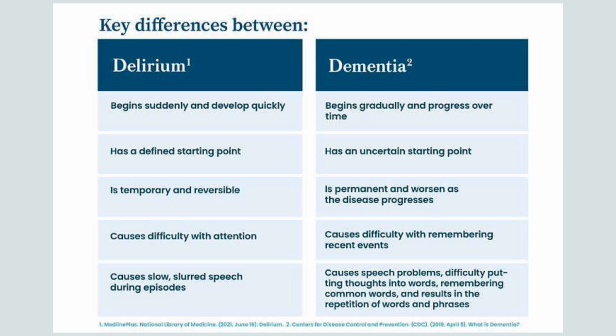Dementia, on the other hand, begins gradually and progresses over time, has an uncertain starting point, is permanent and worsens as the disease progresses, causes difficulty with remembering recent events. It causes speech problems, difficulty putting thoughts into words, remembering common words, and results in the repetition of words and phrases.